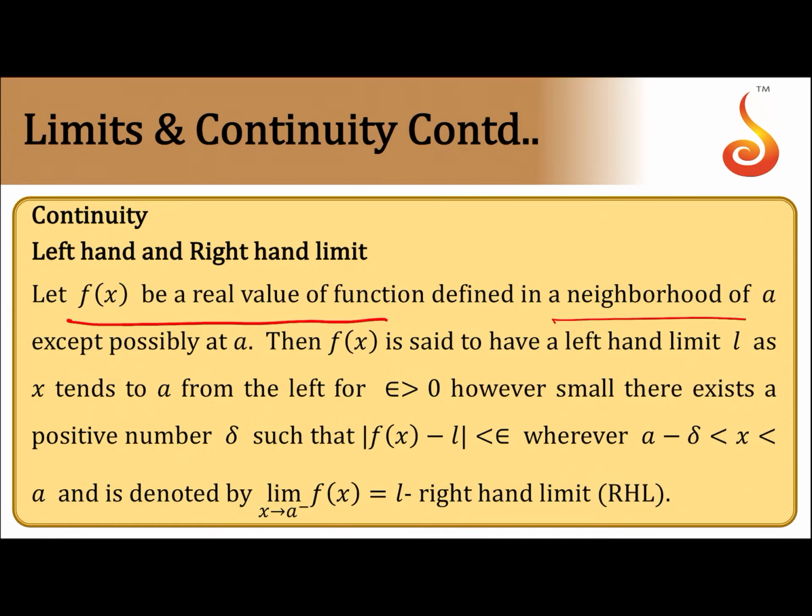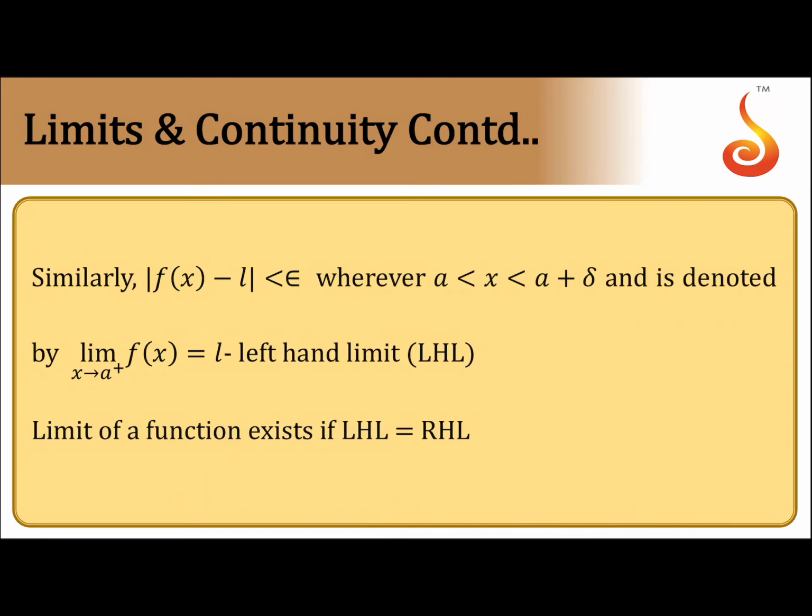Let f of x be a real valued function defined in the neighborhood of a. As I told you, L is called the limit of the function when this difference is made small as x is approaching a. Of course, this is an explanation in terms of analysis.